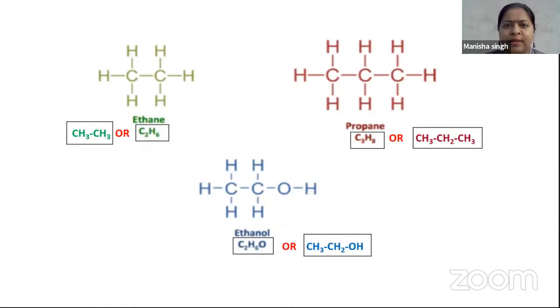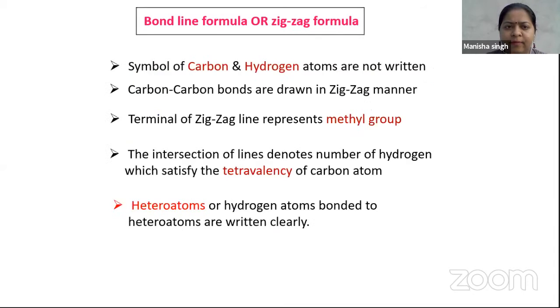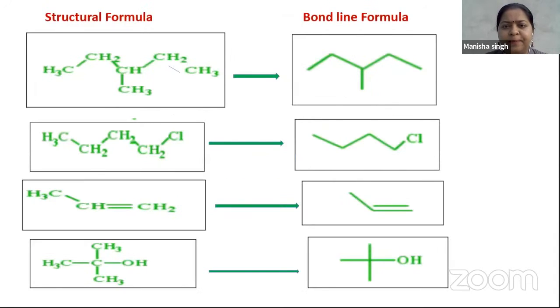Next one. These are examples of condensed formula. Next, please. Then we have seen the bond line formula or the zigzag formula. Next, please. So these are the examples of bond line formula, where the long length of the molecules is reduced in the form of bonds.